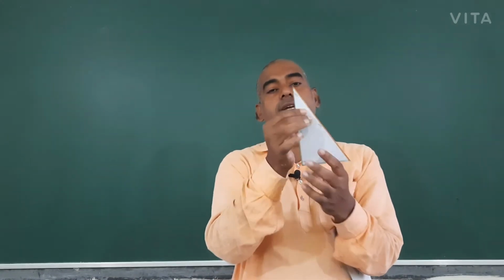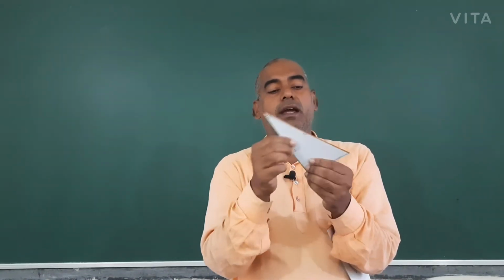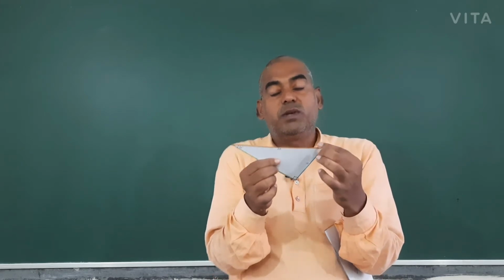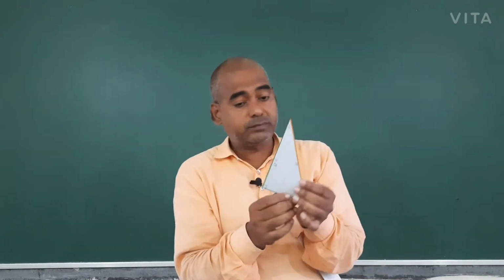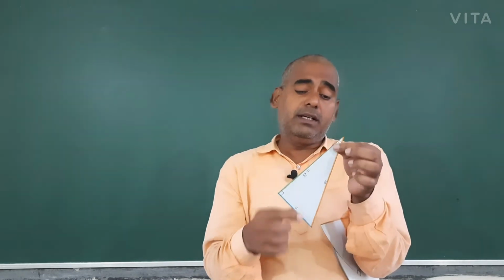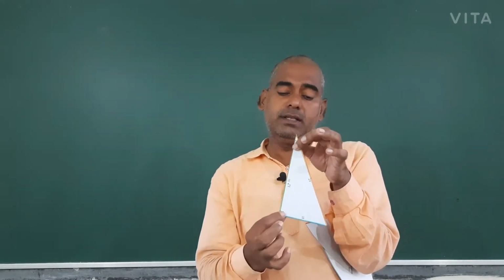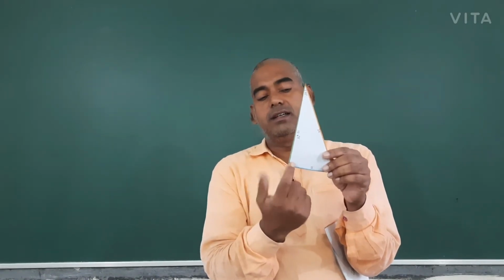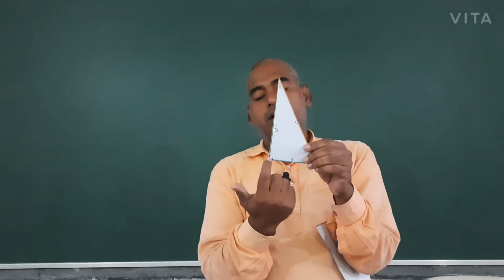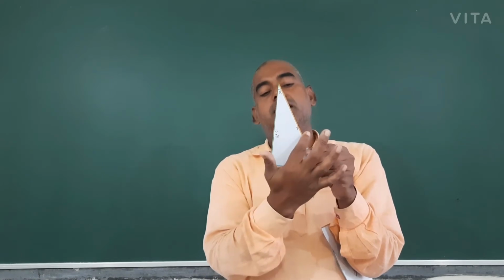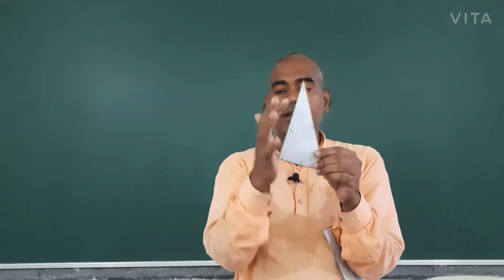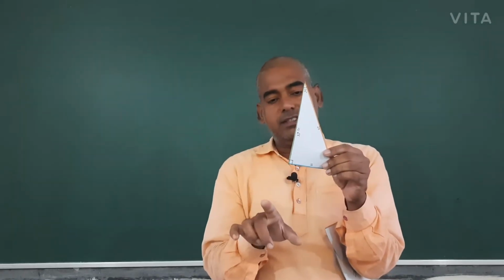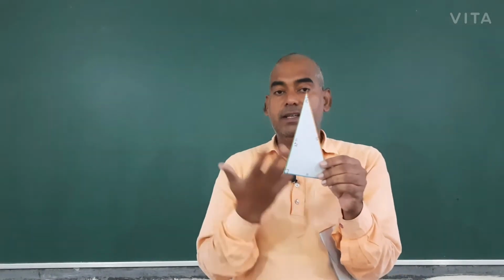Less angle means sharpness, and more angle means not so much sharp. So this is 30 degree, this is 60 degree, this is 90 degree, and you can observe the 90 degree is the highest, so the opposite side is the highest. Hypotenuse is always the highest in a right angle triangle, because in a right angle triangle 90 degree always exists. That is why I am saying right angle triangle.